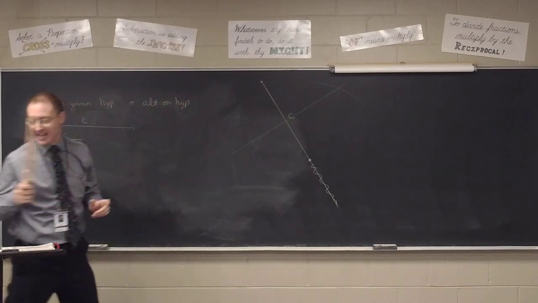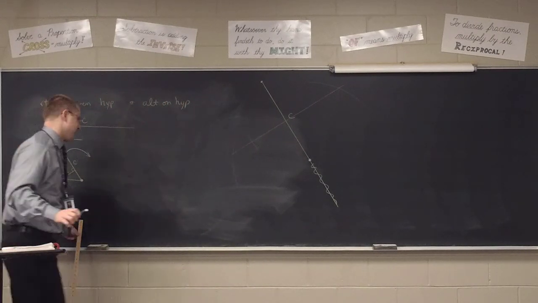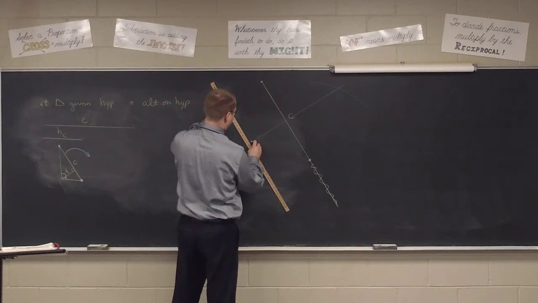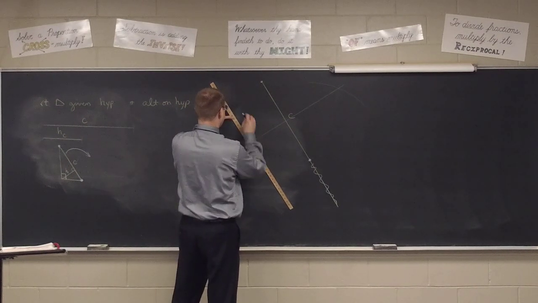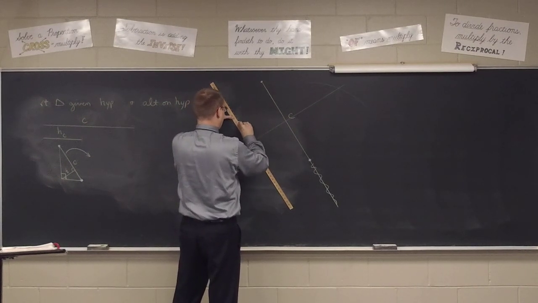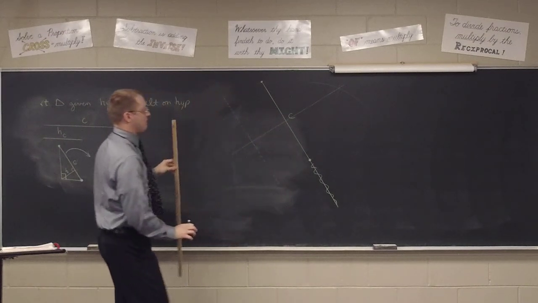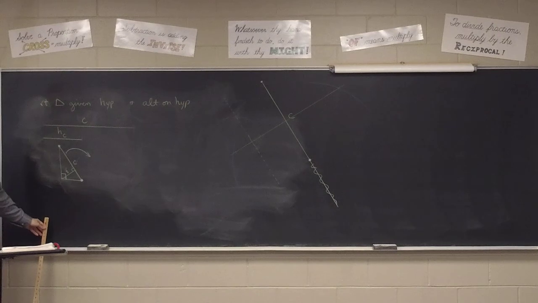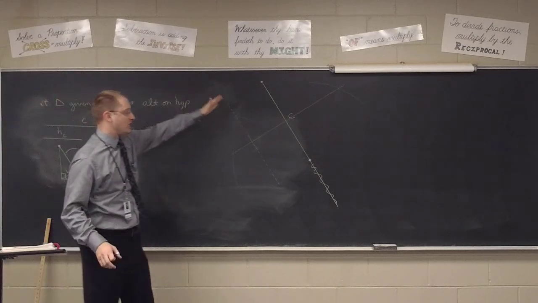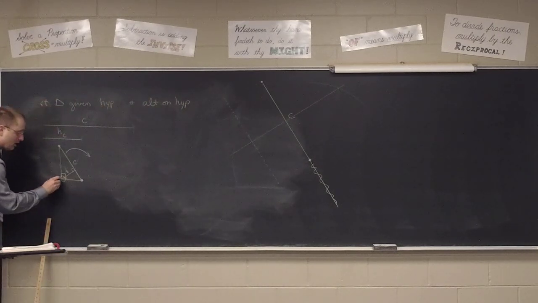But because it is a locus, draw it dotted or dashed. Because I don't know which of these points is actually going to be my altitude. It's one of them. Somewhere along here is this point.